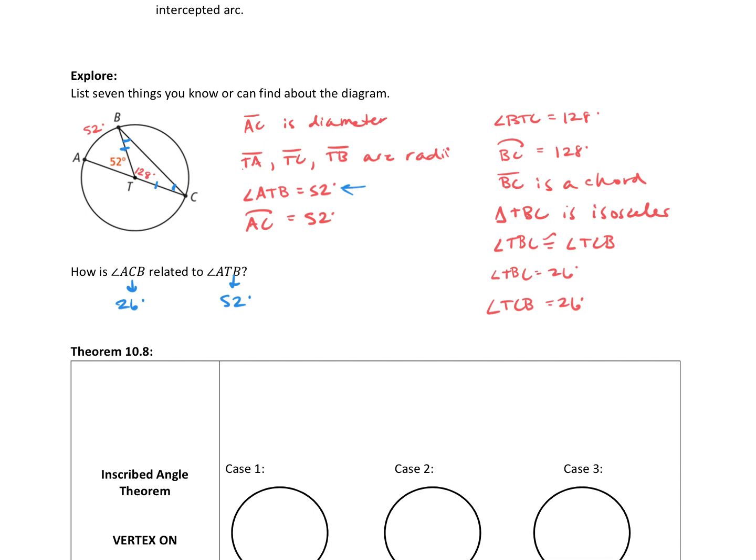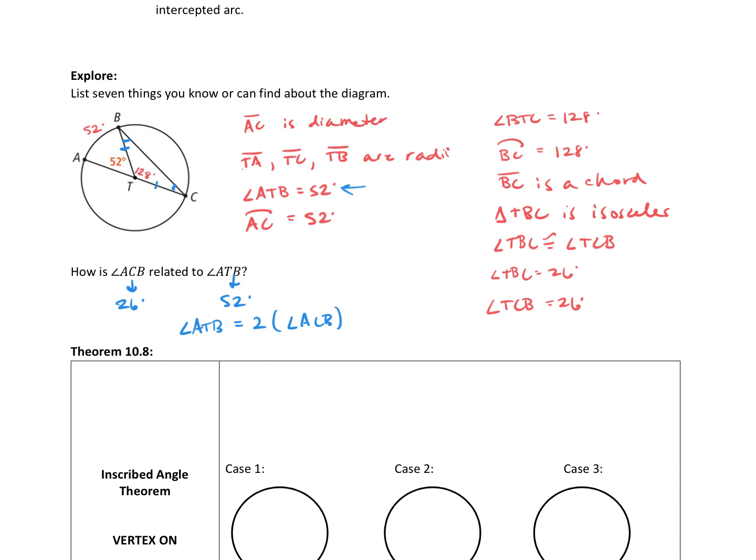Well, what's the relationship between 26 and 52? If we take the 26 and double it, we get 52. So we can conclude that angle ATB is equal to 2 times angle ACB. This 52 degrees is equal to 2 times the 26 degrees.